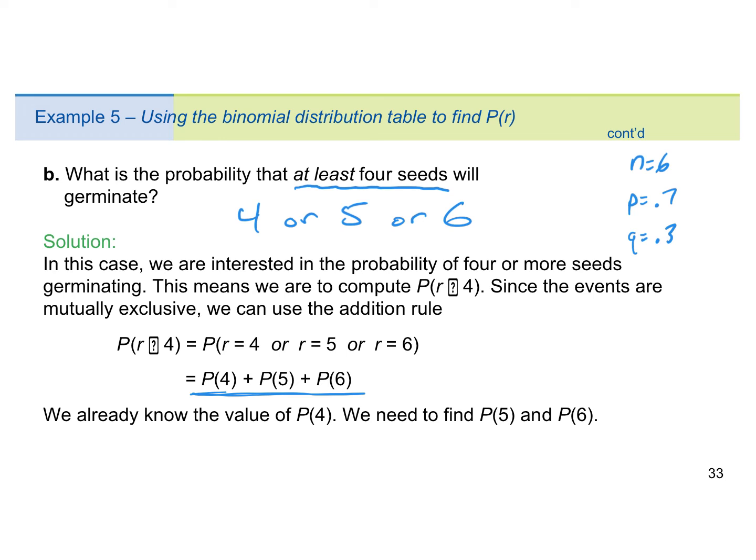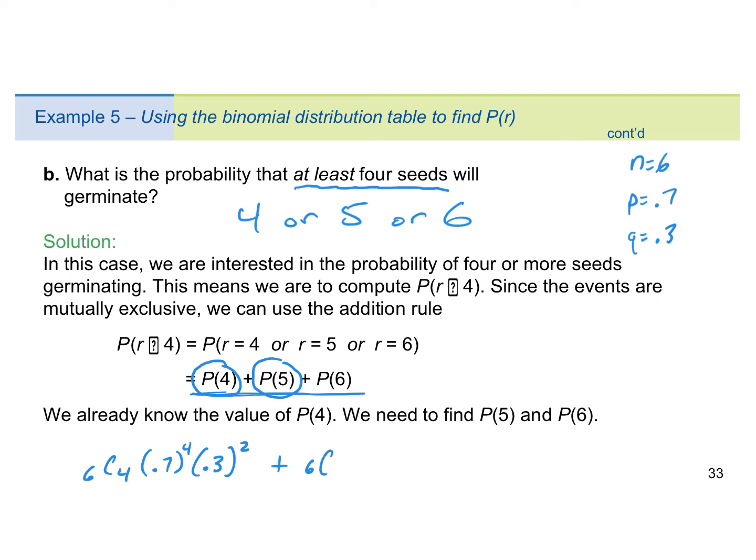So here we go. We're going to do the 4 right now. That is 6C4. The success is 0.7, and it's raised to the power of 4. The failure is 0.3, and there are 2 of those. Or means plus. Then we're going to do the 5 right now. Probability of 5 of these seeds germinate.